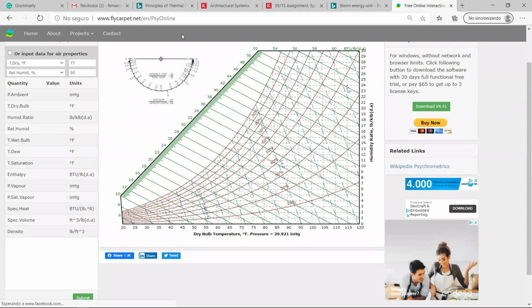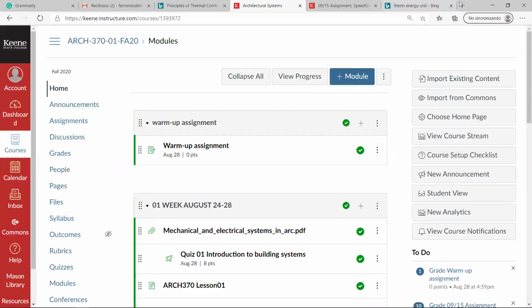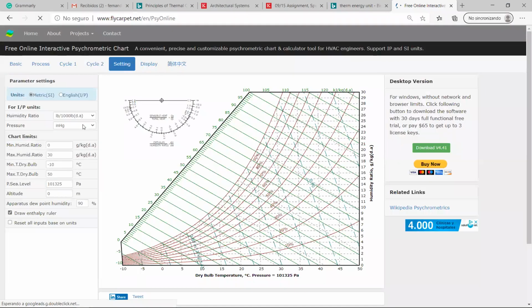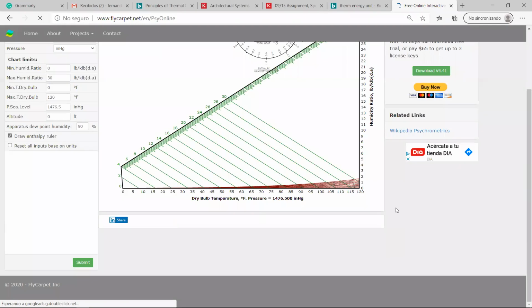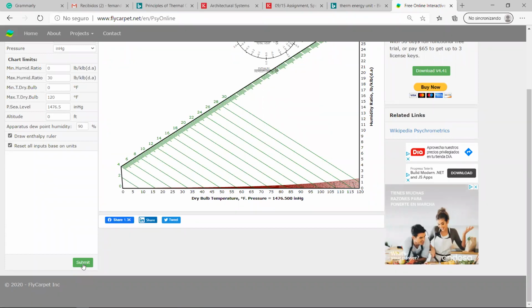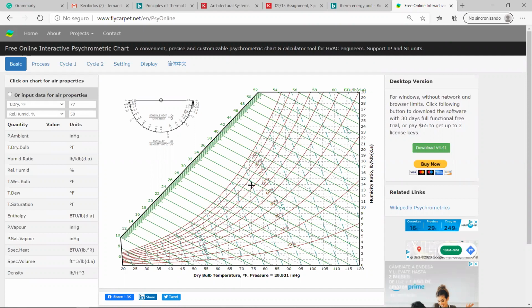If you close it, you just go to settings, change this and submit. Something terrible happens otherwise, okay? So you need to reset the inputs and then submit it again. And then you have this nice chart. Is it clear now? Yep, thank you.